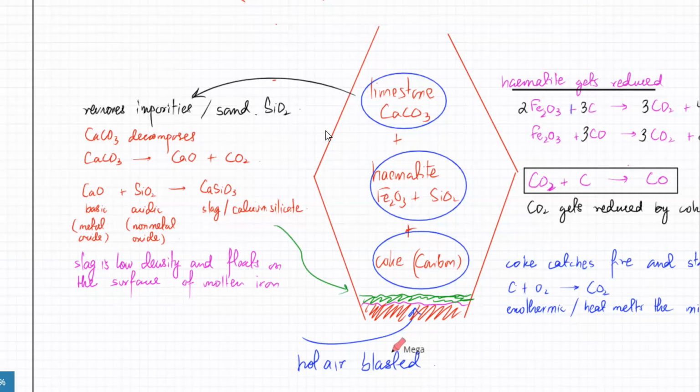Another very good thing about slag is that slag prevents oxidation of molten iron. How does it do that? Because it provides a coating on top.